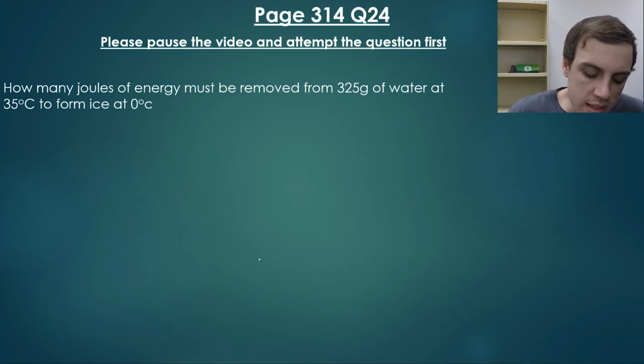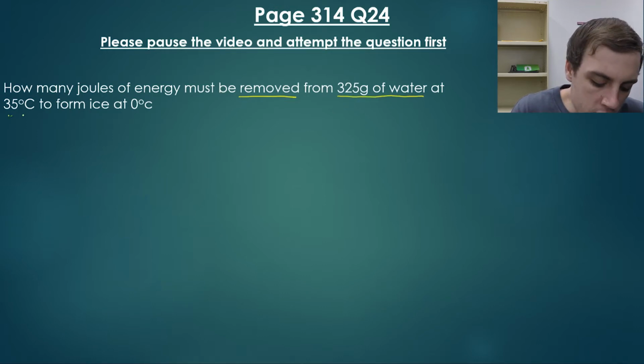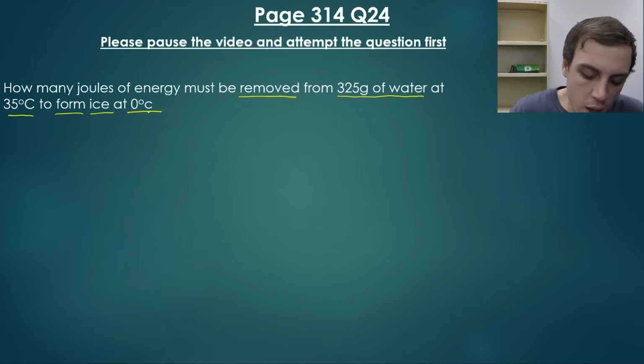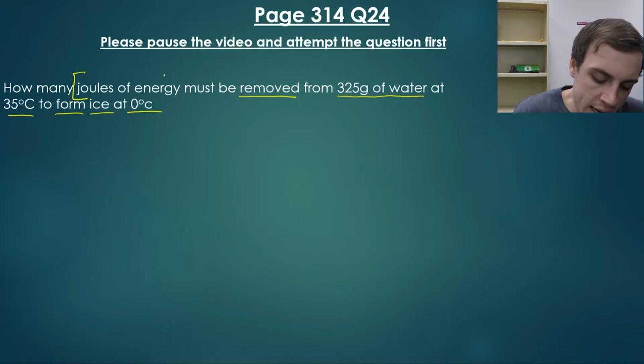So the question says, how many joules of energy must be removed from 325 grams of water at 35 degrees in order to form ice at 0 degrees? So the question is saying how many joules of energy.